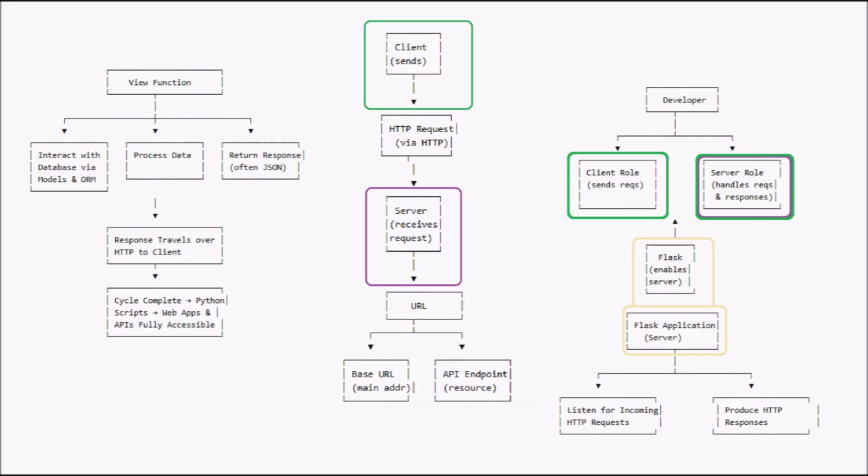That function may interact with a database through models and an ORM, process data, and return a response, often in JSON format. The response travels back over HTTP to the client, completing the cycle. Through this interconnected system, simple Python scripts evolve into fully accessible web applications and APIs.